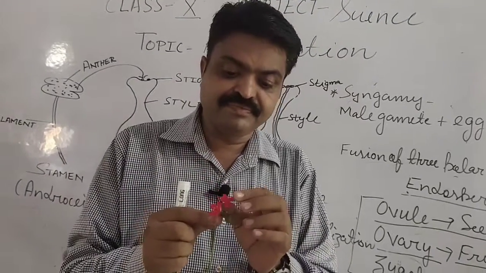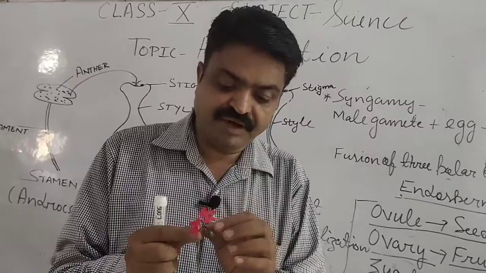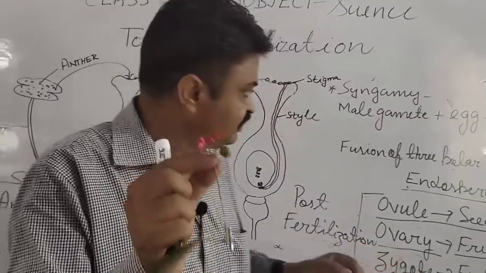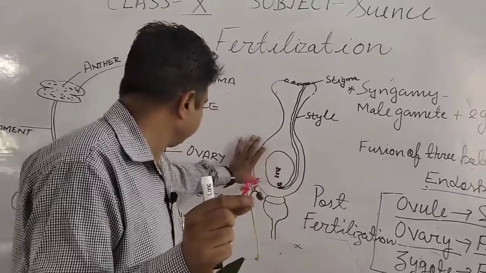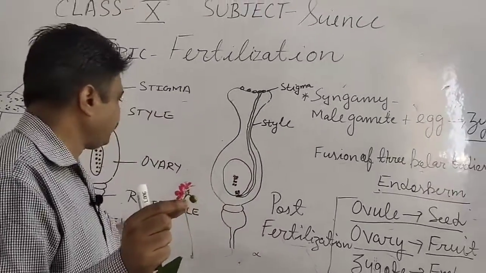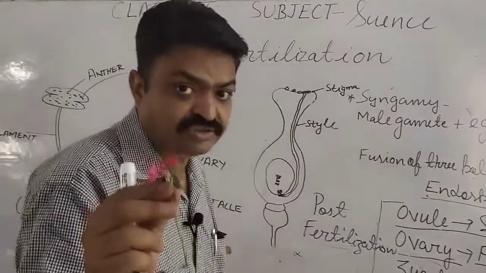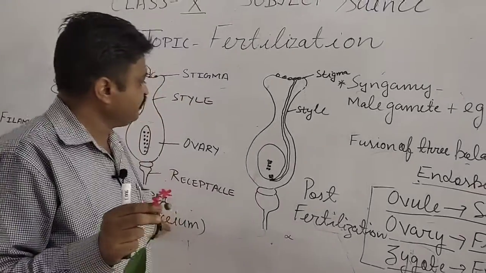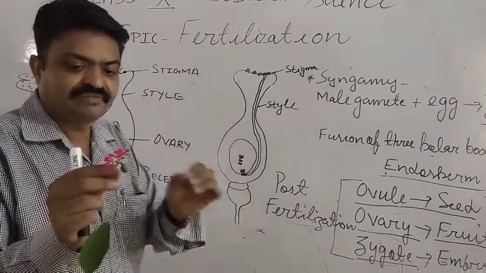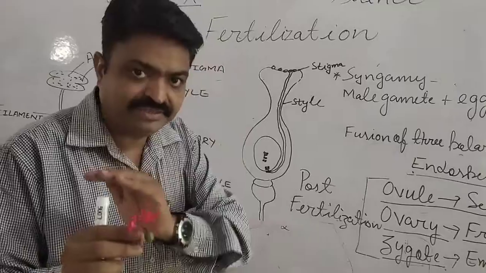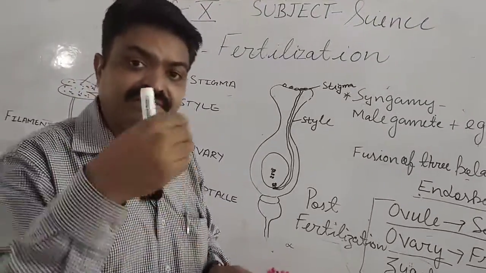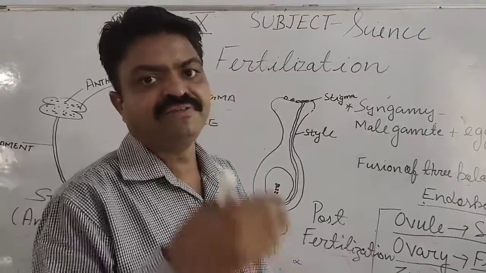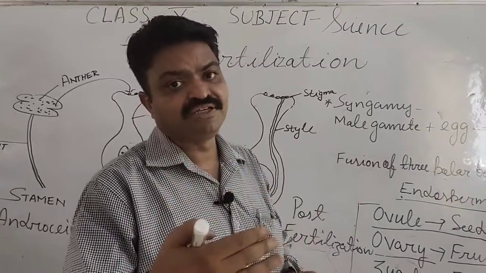Only the female reproductive part, known as the carpel, pistil or gynoecium, remains with the plant, and all the other parts are shed from the flower. These changes are known as post fertilization changes.